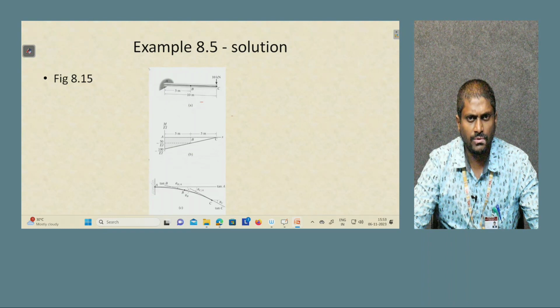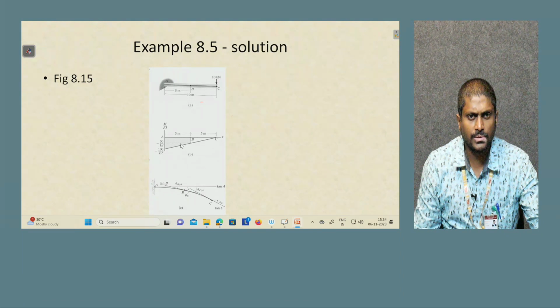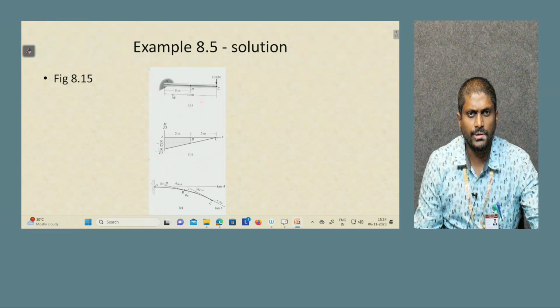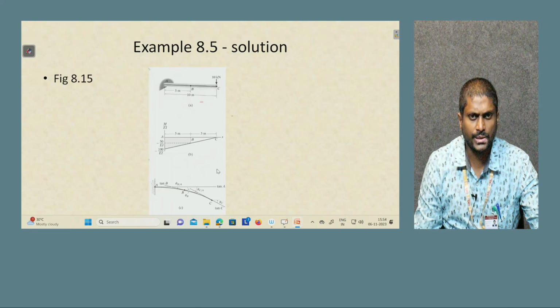Suppose I want to calculate the slope and deflection at point B, then how to proceed, you can see here. Once you calculate the bending moment diagram, obviously for a cantilever beam, the bending moment magnitude will be maximum at the fixed end, whereas at the free end you will have zero bending moment.